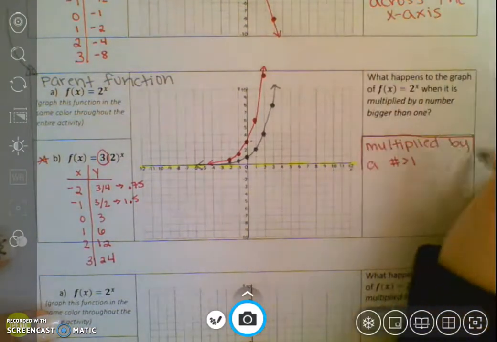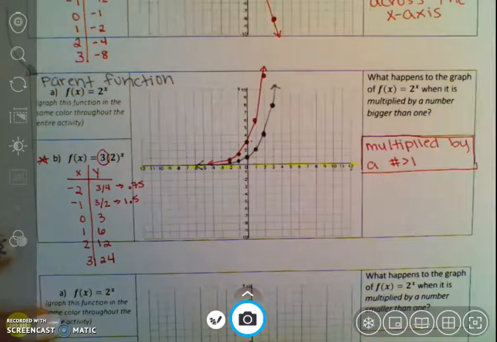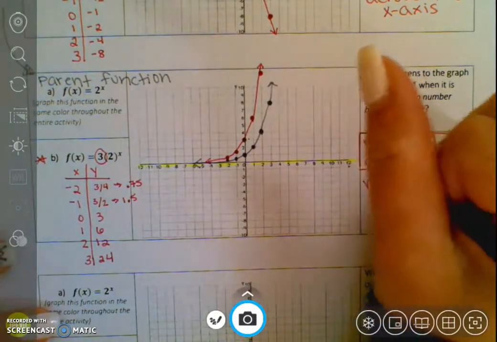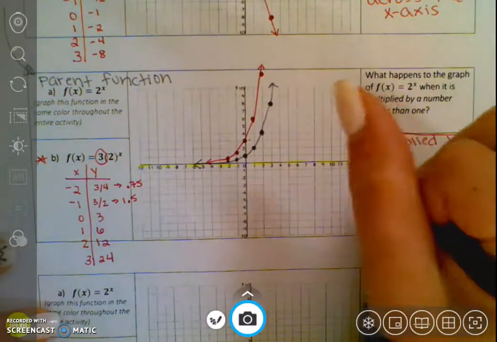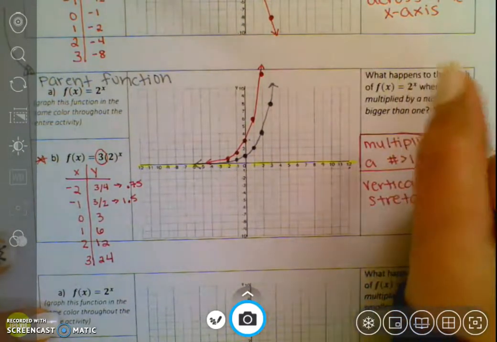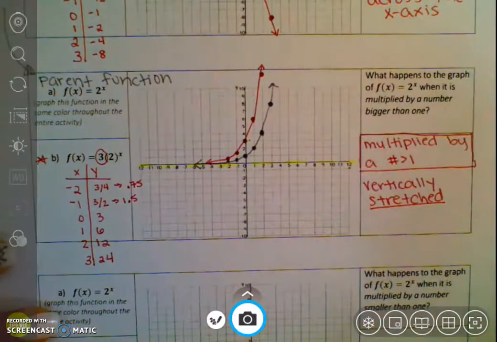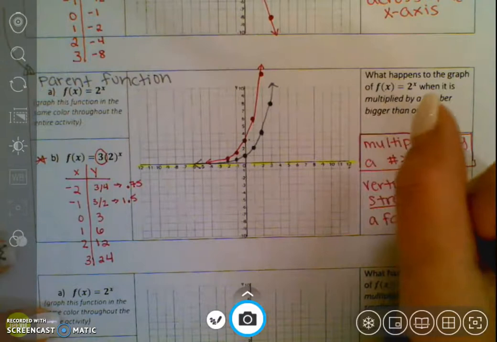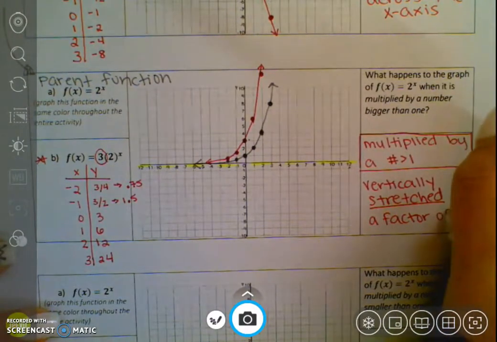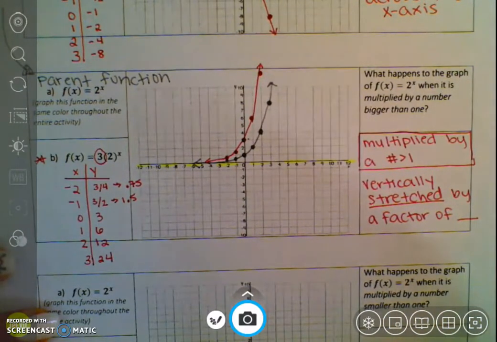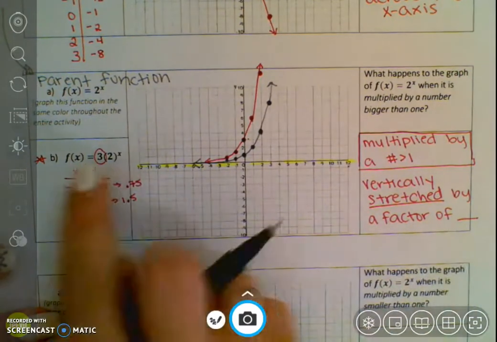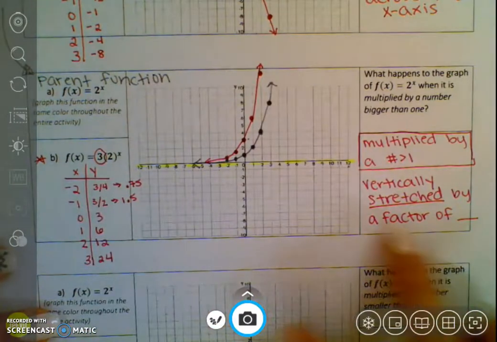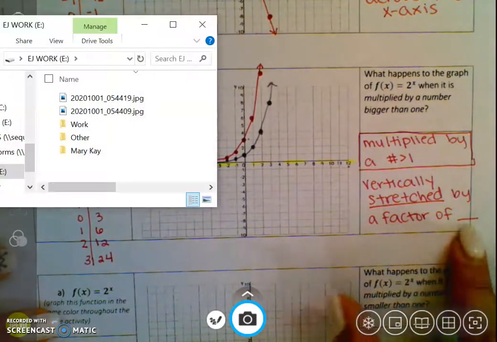I'll put a nice little pretty box around it. And then what happened? It was vertically stretched by a factor of blank. So in this case, our factor was a 3. If there was a 10 out front, you'd put stretched by a factor of 10.